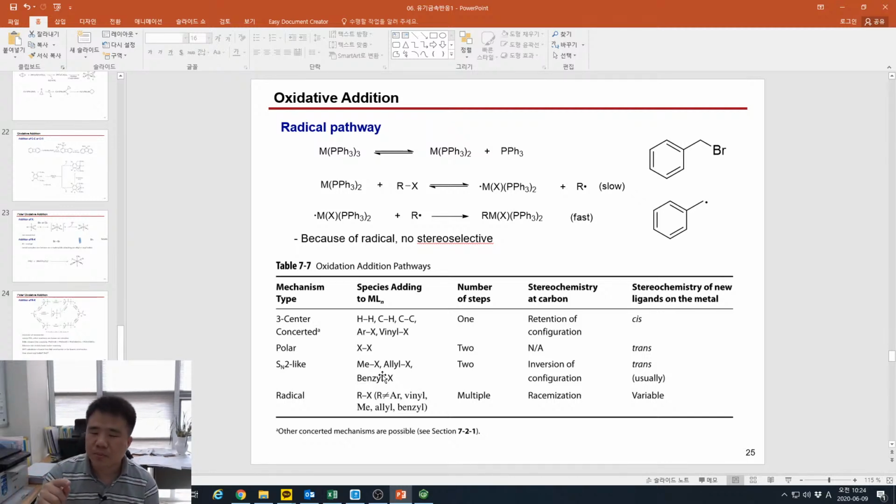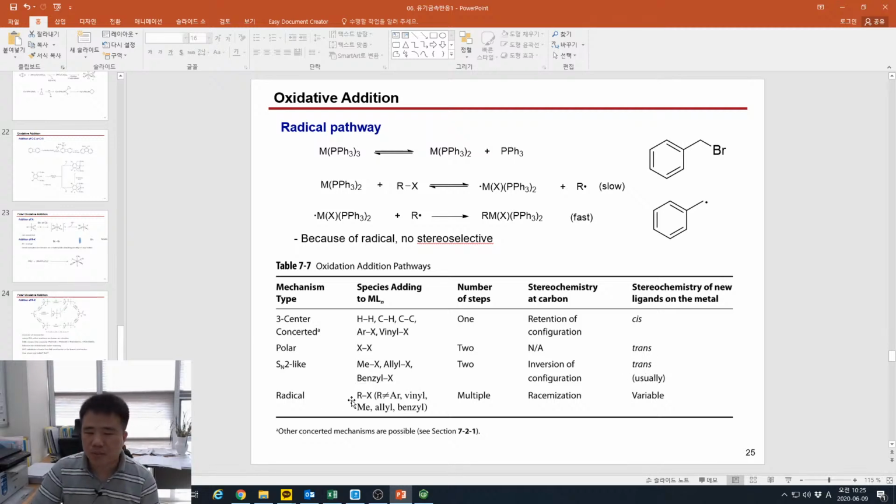So if the alkyl halide is a good electrophile in SN2 reactions, in transition metal catalysis the oxidative addition takes place by an SN2-like mechanism. In this case, there are two steps, and generally inversion of configuration would be generated. And then the stereochemistry is usually trans.